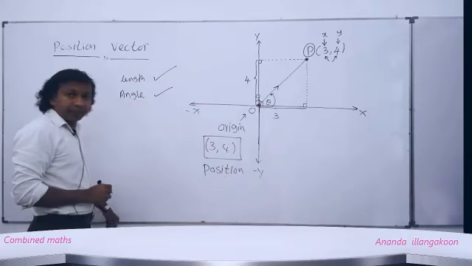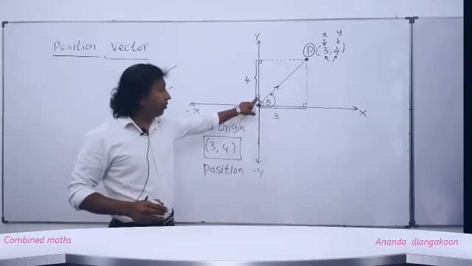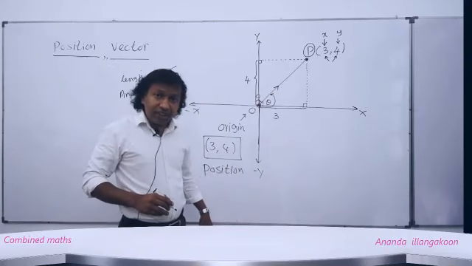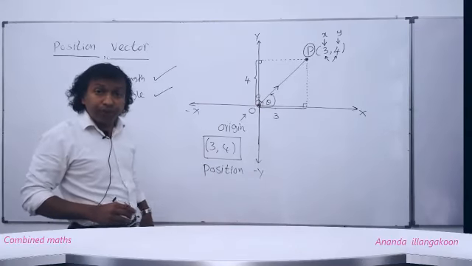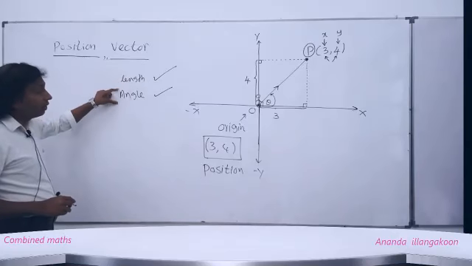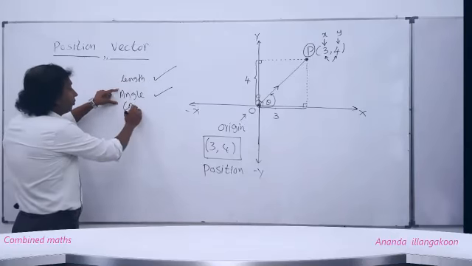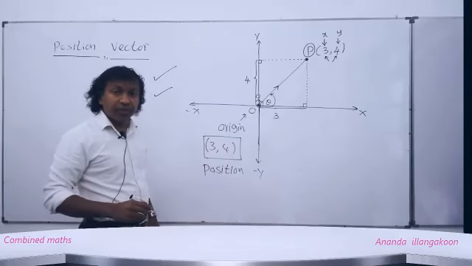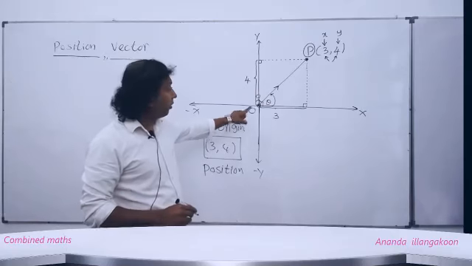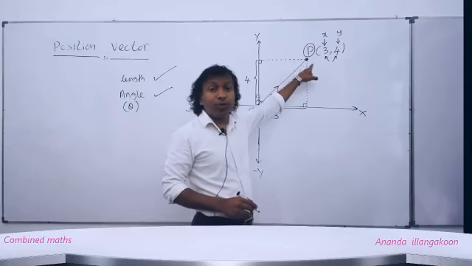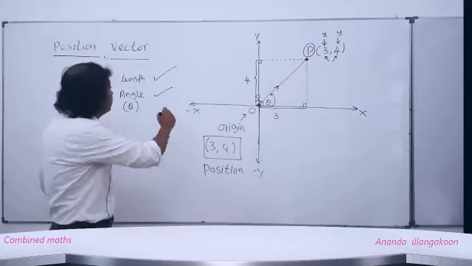Right. Now, this same person at the point O, without giving the 3 and 4 coordinates, I am going to give him this length and this angle theta. Then, can you tell me, can this man find the point P as before, only using these two pieces of information?